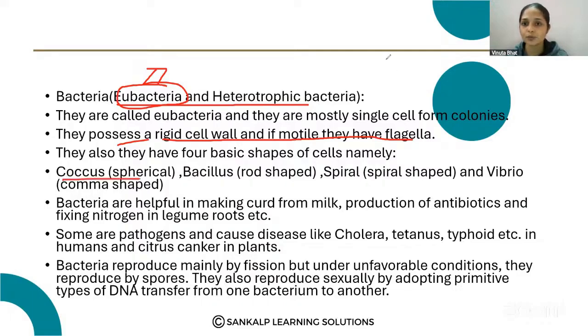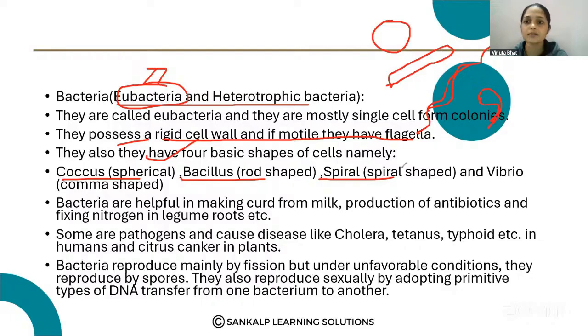Coccus, that is the bacteria having a spherical shape, and the bacillus, that is the rod shaped bacteria, and the spiral, spiral shaped with flagella, and the vibrio, that is the comma shaped bacteria.